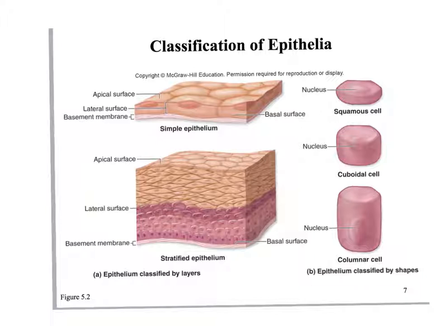So the flat cells are called squamous. I like this picture of it because it shows you kind of what it looks like. If you were looking from the side, it would look like it's smushed. But if you were looking from the top, it kind of looks like a hexagon. That can throw you off, especially in some of the pictures you're looking at on practice anatomy lab or on the microscope. Depending upon the picture, it might look a little different.